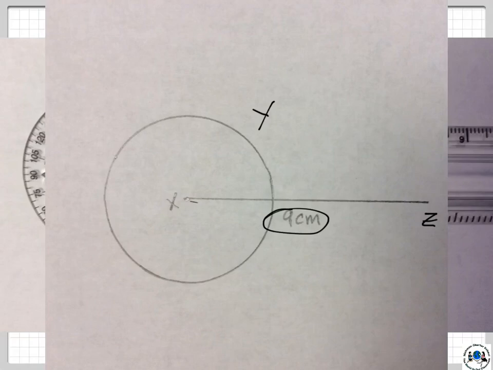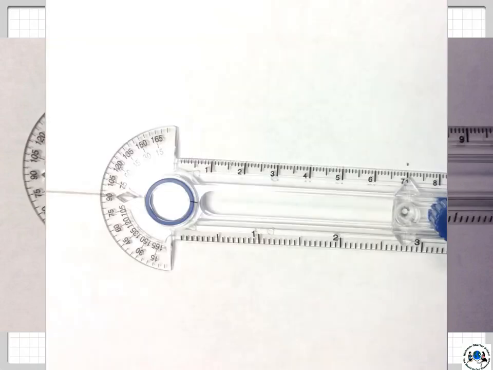Okay. All right, so next, just erase all this because I think I actually add this in. Okay, so what I did is I have point Z here. I've drawn my 9 centimeter line from X, and Z is right there. And again, I know that that line is 7 centimeters long.